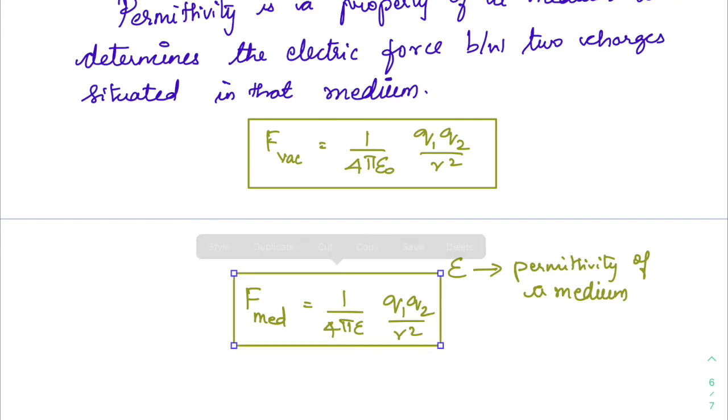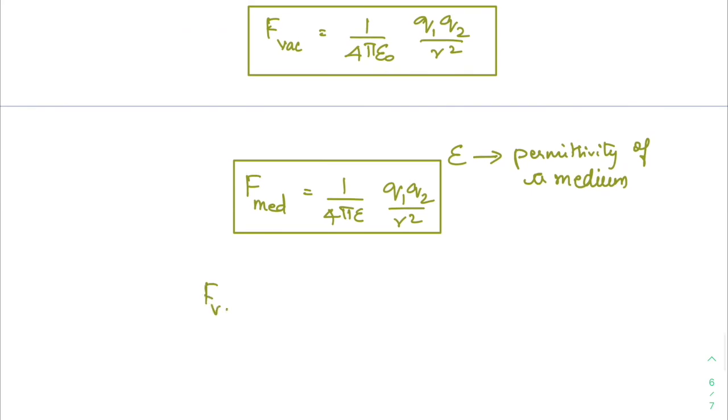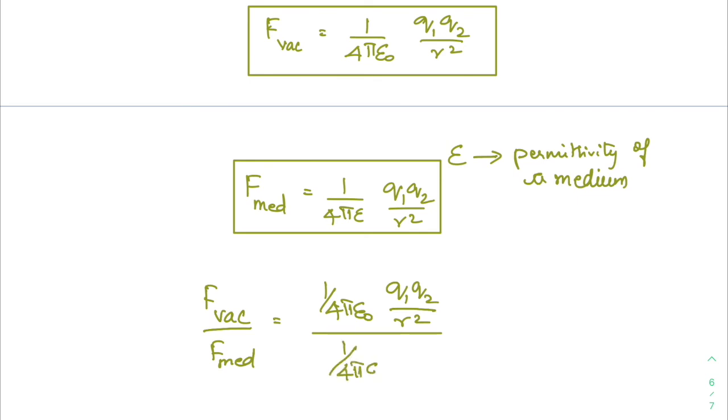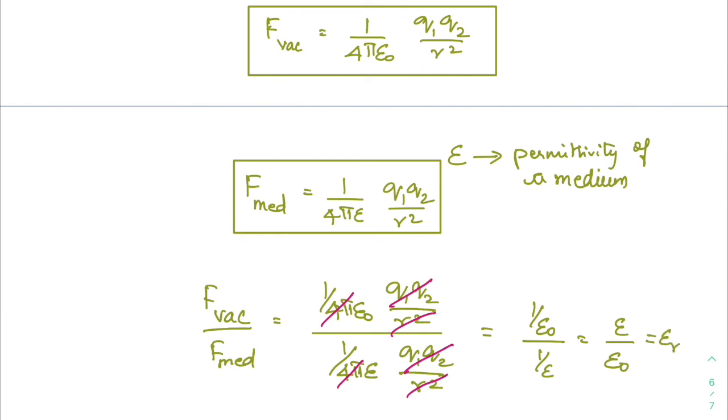So if I want to know the relative permittivity, I have to take the ratio between these two. F vacuum by F medium can be equated as 1 by 4 pi epsilon naught q1 q2 by r square, whole divided by 1 by 4 pi epsilon q1 q2 by r square. Now cancelling the common terms, we end up with 1 by epsilon naught by 1 by epsilon, which can be written as epsilon by epsilon naught, which is nothing but the relative permittivity epsilon r.